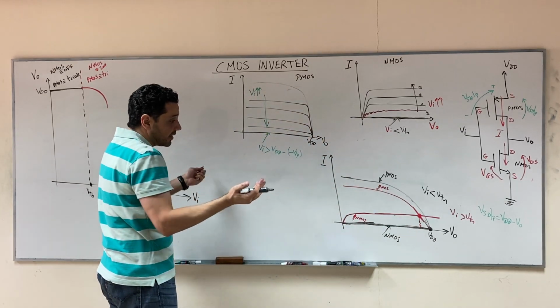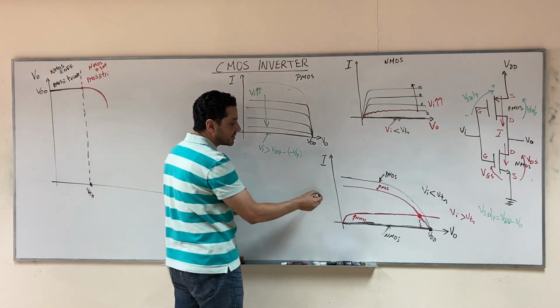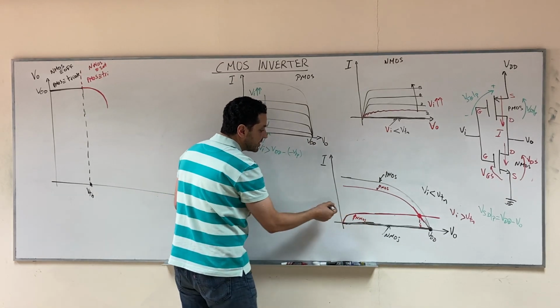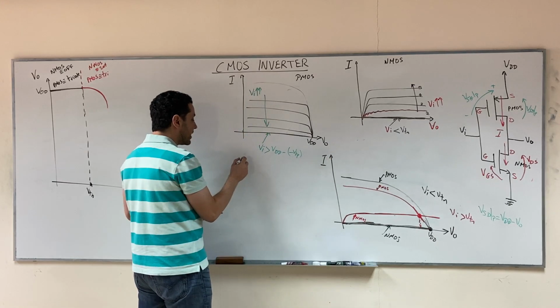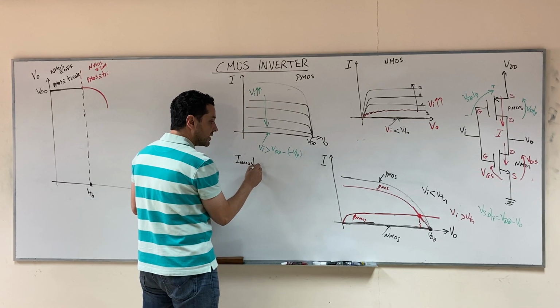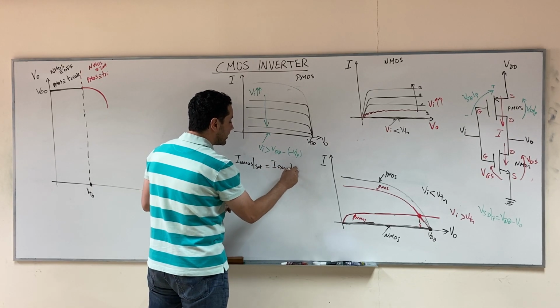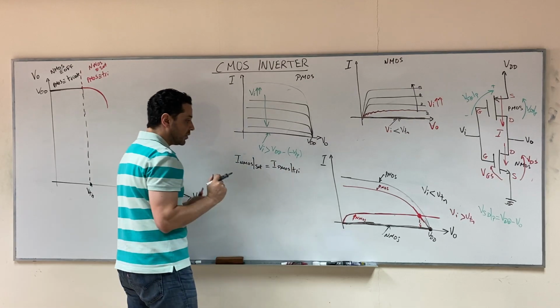And if you want to write this equation, all you need to do is equate the current of the NMOS in saturation to the current of the PMOS in triode. The current is the same in both of them. I'm going to do it one time here.